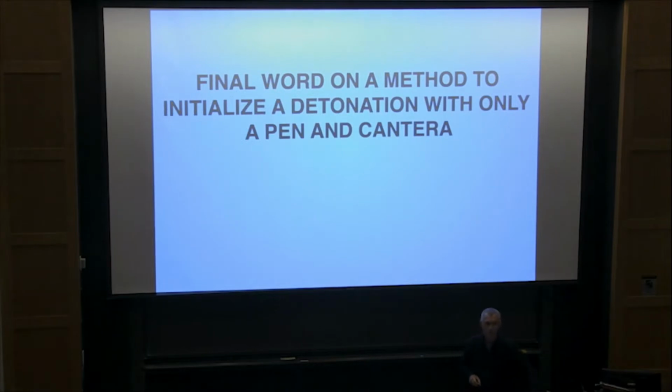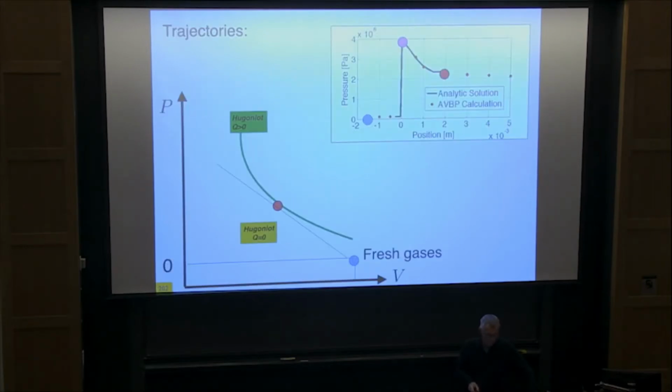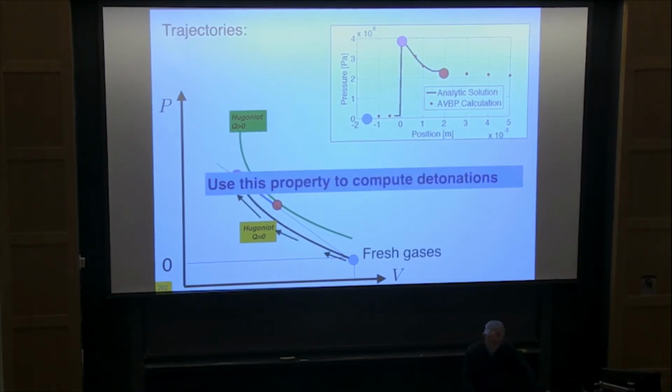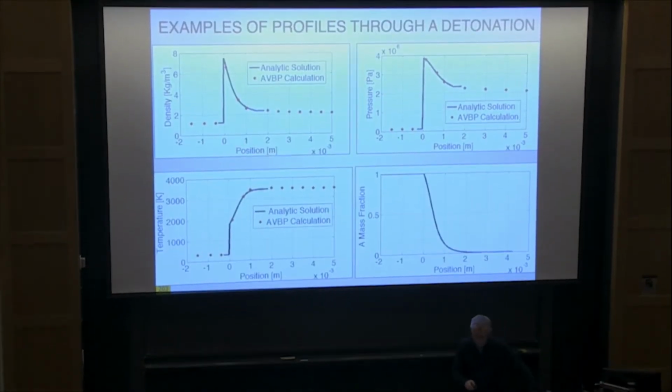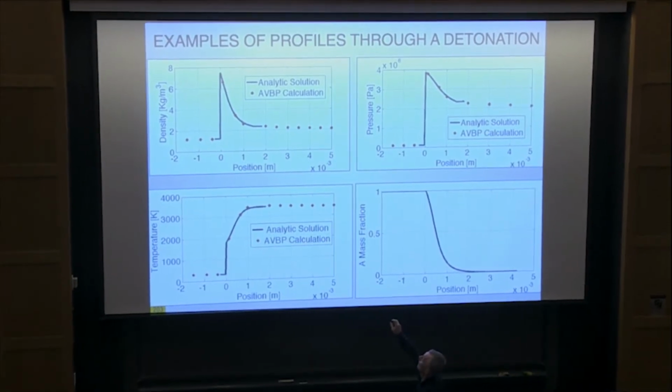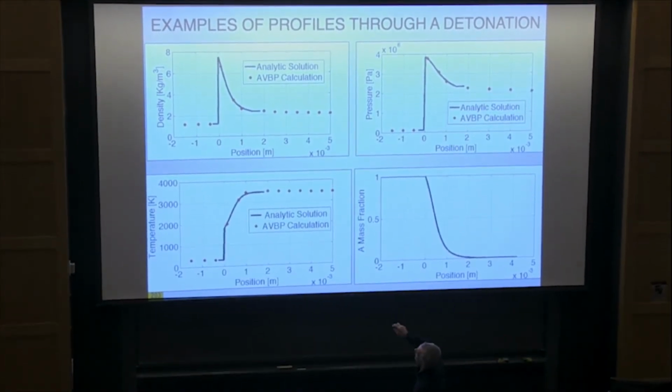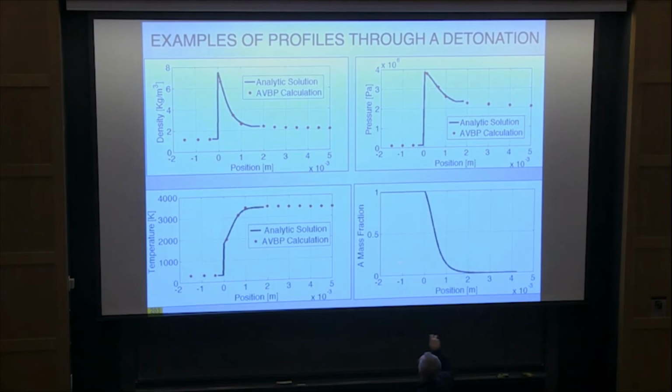So just a word also, because quite a few students ask me about the computation of this thing. Actually, you can do this again in a very simple way if you understand how it works. Because as I said, you know that the first thing you do in a detonation is you go to the fundament state. Well, the fundament state is something for which we have an explicit expression. Okay, we know what is the pressure, the density, and the temperature after the Neumann state.